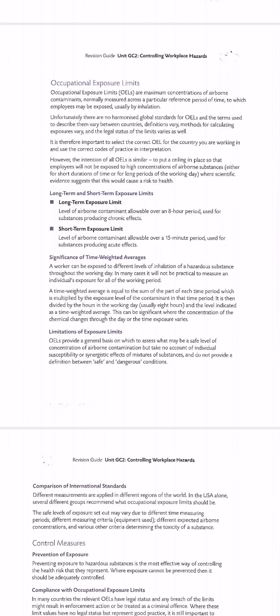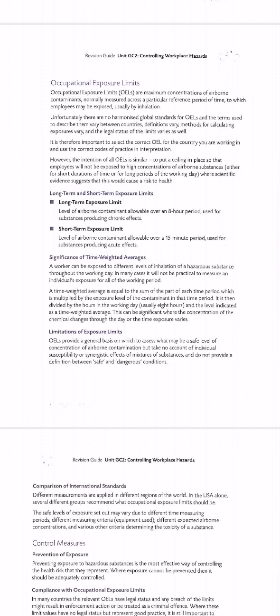What is the limitation of exposure limits, that is the OELs? The OELs provide a general basis on which to assess what may be a safe level of concentration of airborne contamination, but take no account of individual susceptibility or synergistic effects of mixtures of substances, and do not provide a definition between safe and dangerous conditions.